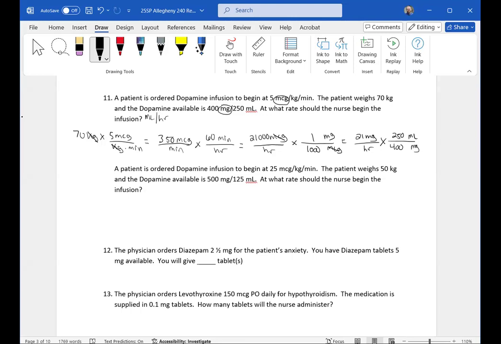But we wouldn't write that as our final answer; we would round it. So 13.125 would be 13.1 milliliters per hour. I think the key says 13.125, but that would be incorrect because you need to round your answer.